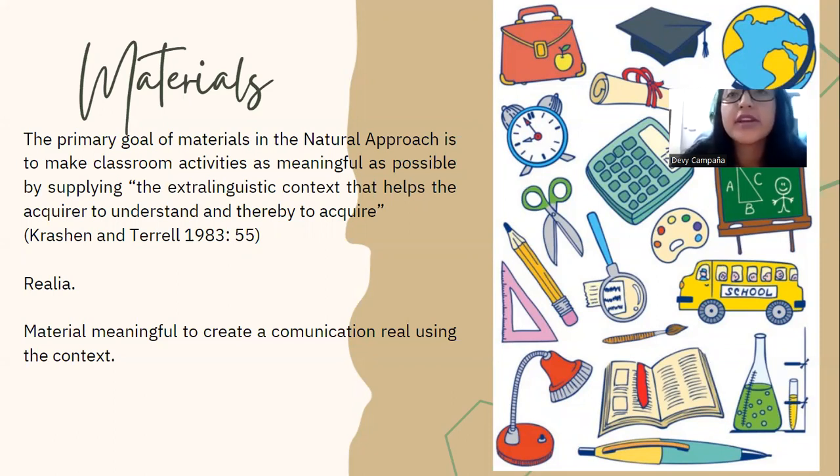Realia are materials we can find in the context of the class, for example, things, maps, brochures, advertisements, or other things we can use to create communication with the students. The idea is that the students feel in a real environment to communicate with other students.